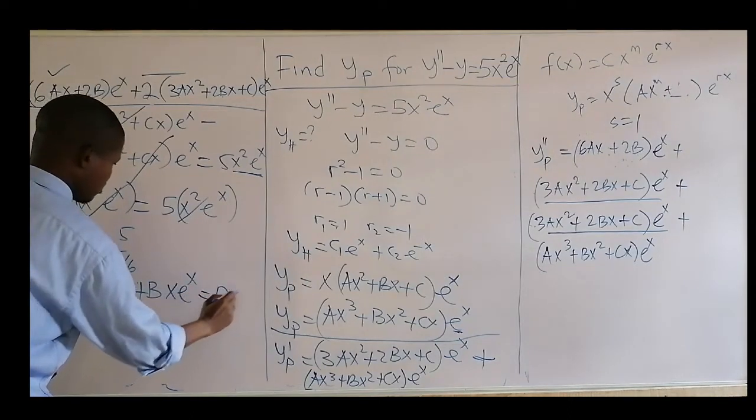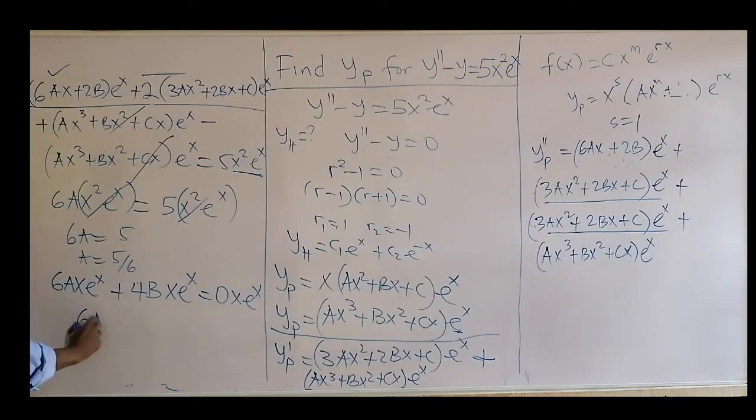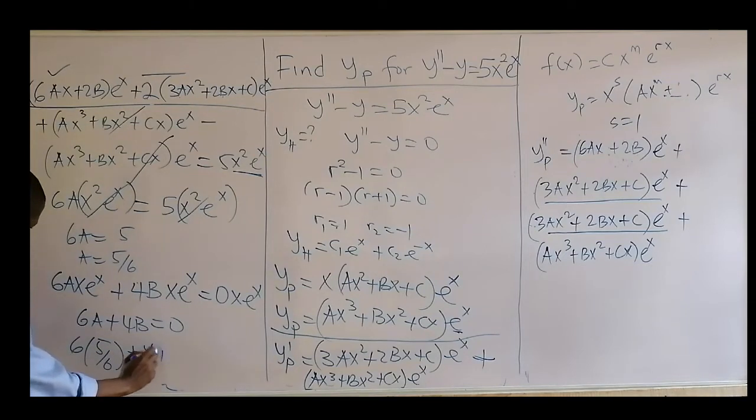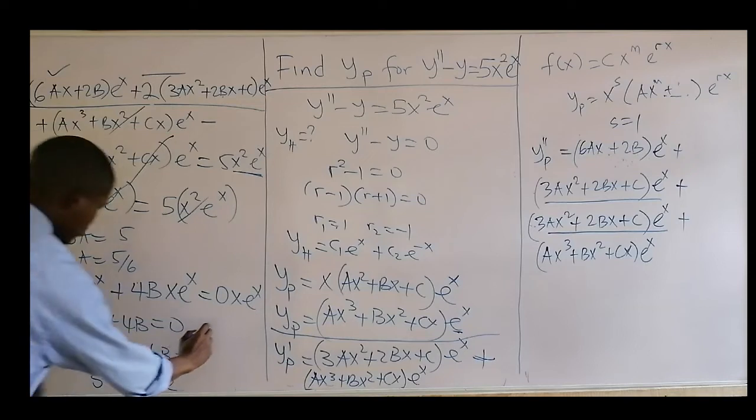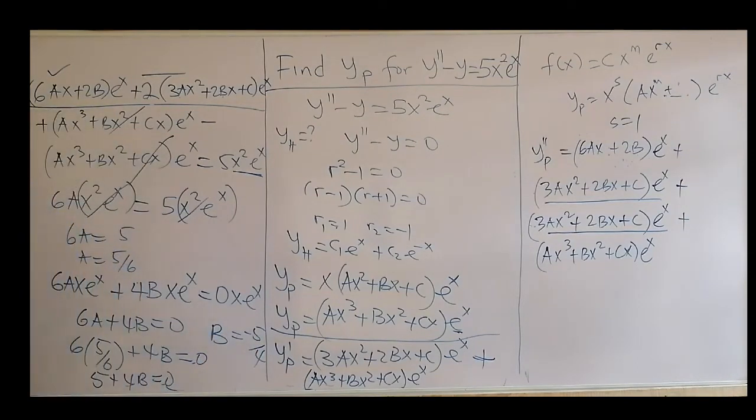Equal to 0x e^x. We don't have it on that side. So we equate the coefficients. That will be 6a plus 4b equals 0. And a is already 5/6, so 5 plus 4b equals 0. So b will be equal to minus 5/4.